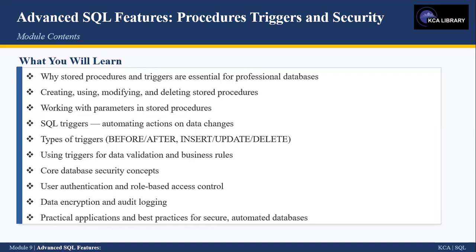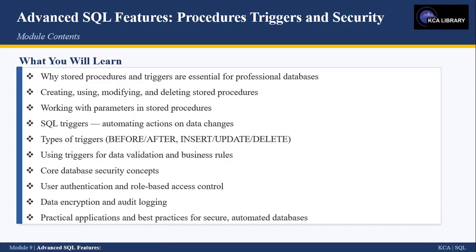In this module, you will learn why stored procedures and triggers are essential for professional databases. You will learn how to create, use, modify, and delete stored procedures. You will learn how to work with parameters in stored procedures. You will learn what SQL triggers are and how they automate actions.